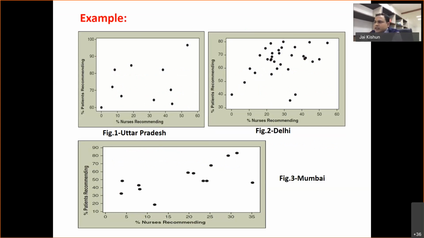Here we have taken these three scatter plots. Figure 1 is for Uttar Pradesh, figure 2 for Delhi, and figure 3 for Mumbai.